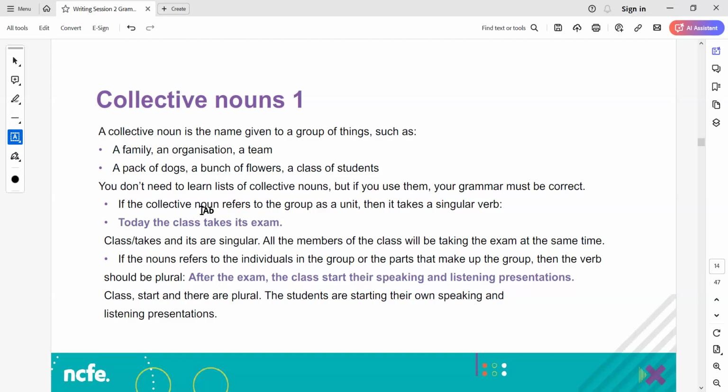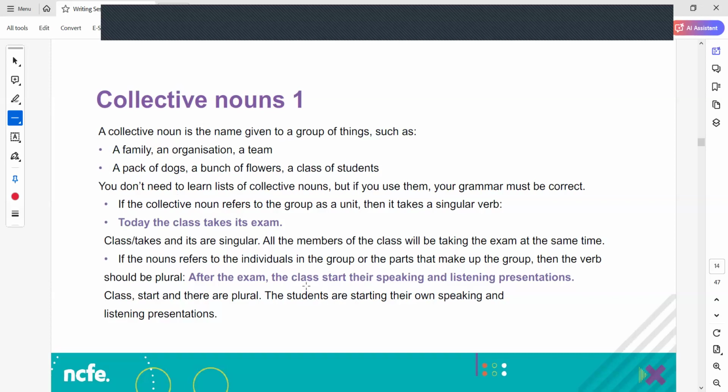All members of the class are taking the exam at the same time. But if the noun refers to the individuals in the group or the parts that make up the group, the verb should be plural. So after the exam, the class start their speaking and listening presentations. So this time, class start their are plural, okay?